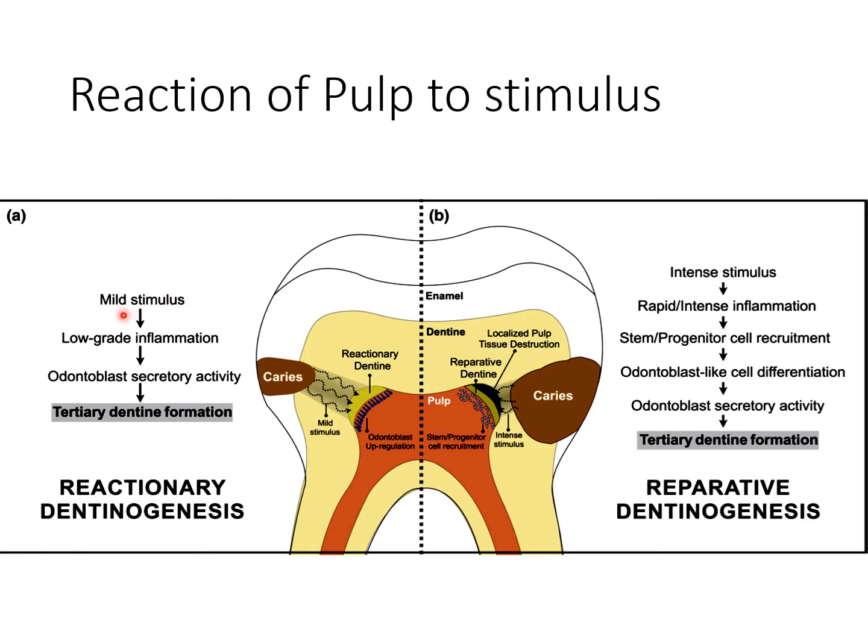To the stimulus, if the stimulus is mild, there's a low grade inflammation of the pulp, the odontoblast secretory activity increases, and the odontoblasts which are already present will form the tertiary dentine.